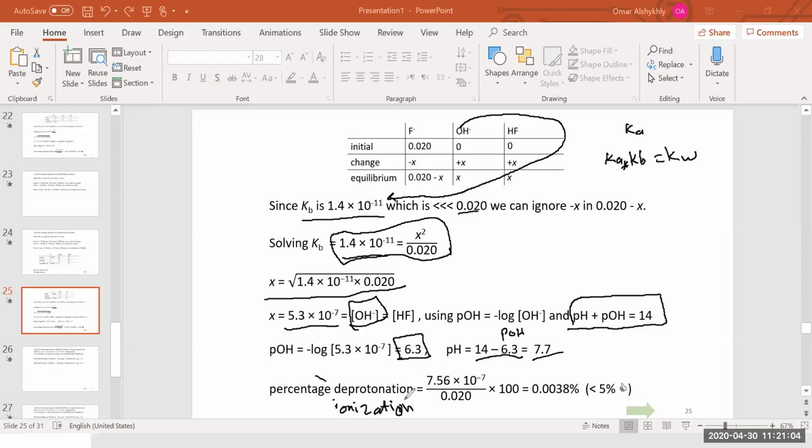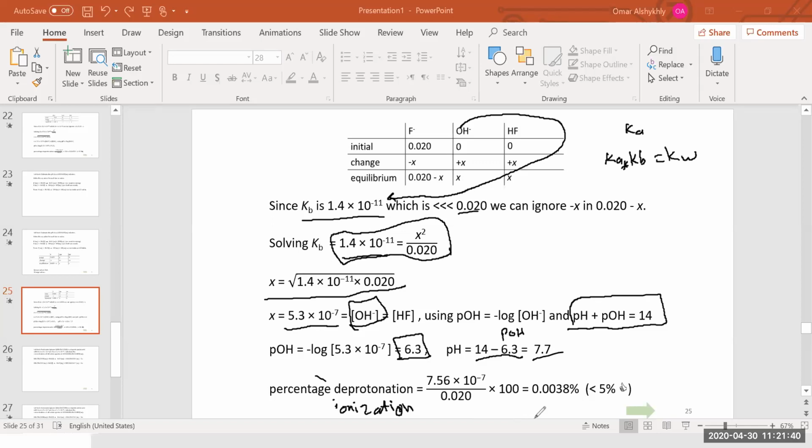The value here is going to be 7.56 times 10 to negative 7 divided by 0.02 times 100.